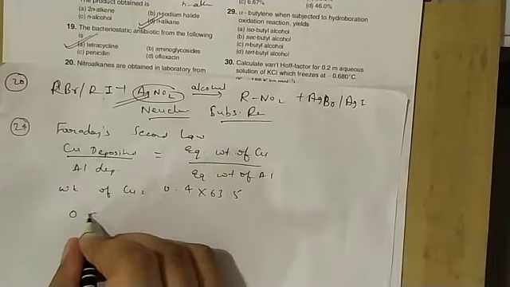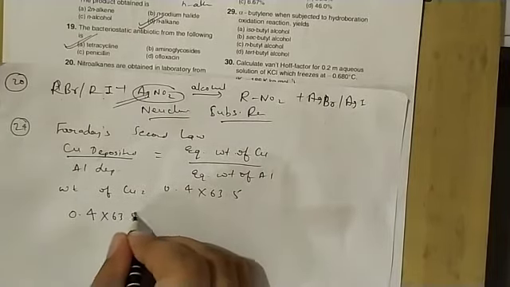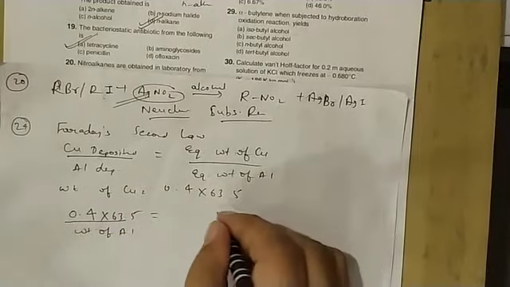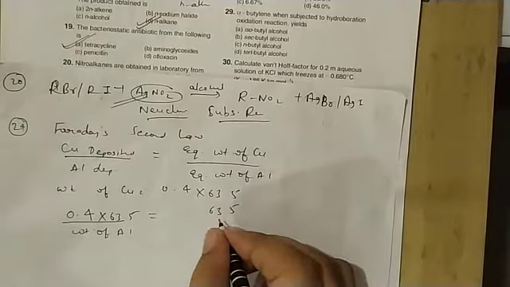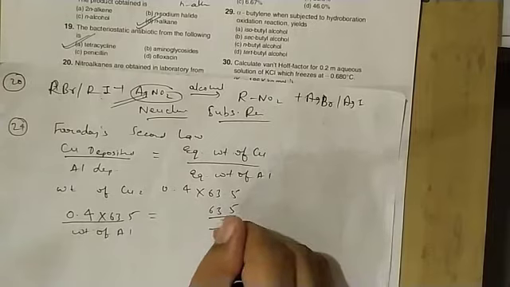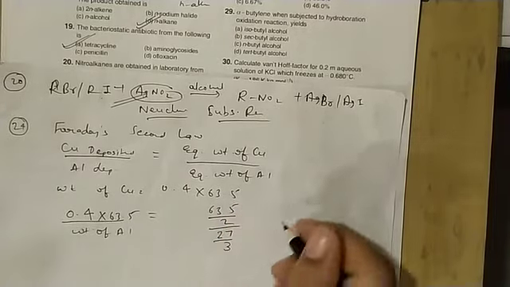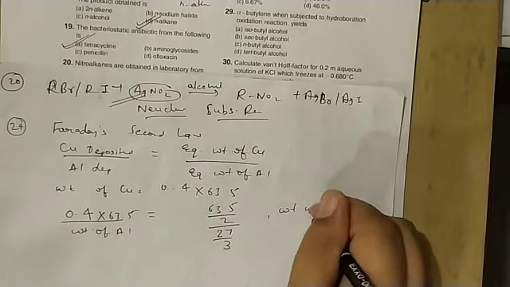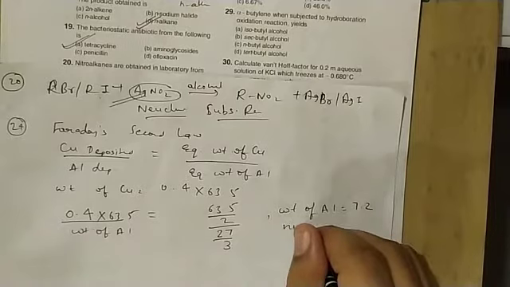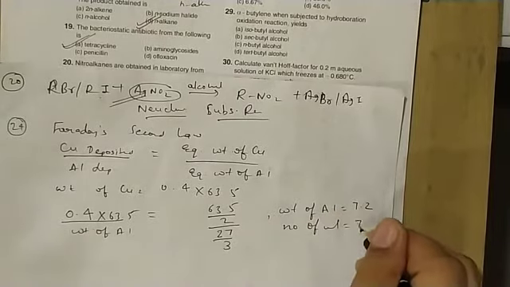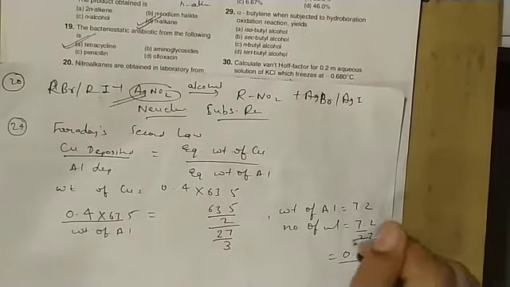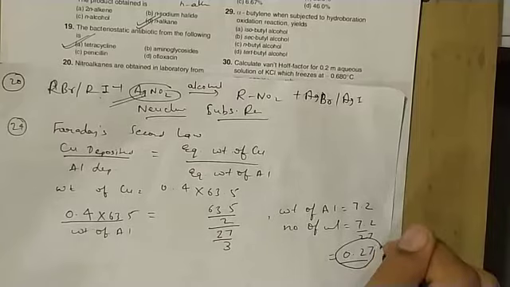Cu deposited will be 0.4 into 63.5, and we have to calculate the weight of Al deposited. It will be equal to 63.5, which is the mass of copper, upon 2, and the mass of aluminum, we know, is 27 upon 3. So the weight of aluminum deposited will be equal to 7.2, and converted into number of moles, 7.2 upon 27, which will be equal to 0.27. So 0.27 mole is deposited on the cathode.